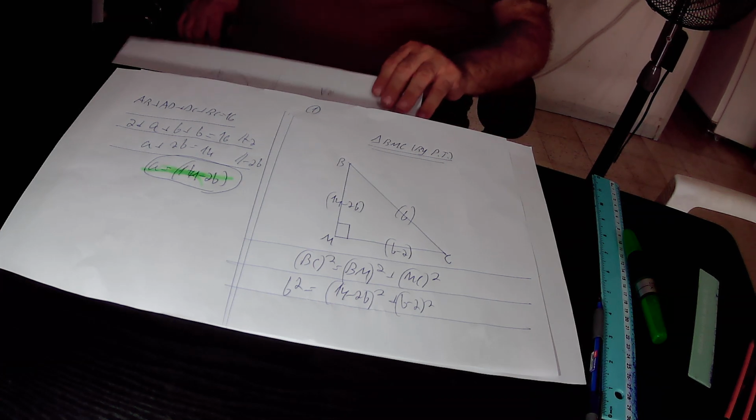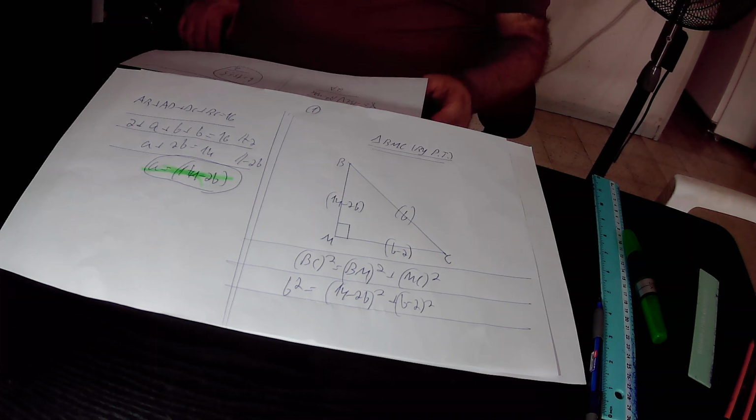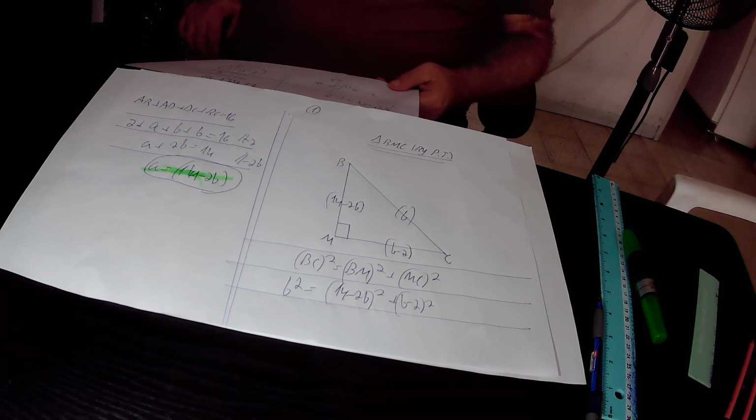Here we open the brackets of this equation. (14 minus 2b) squared equals 14 squared, that is 196, plus (2b) squared, that is 4b squared, minus 2 times 14 times 2b, that is minus 56b.